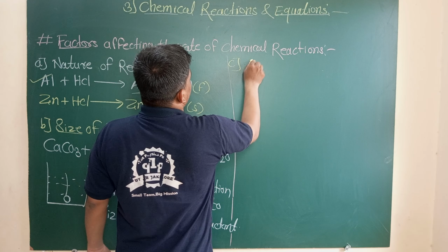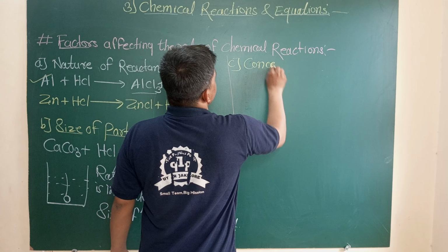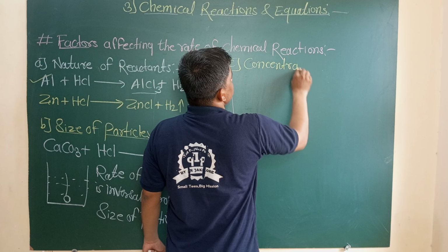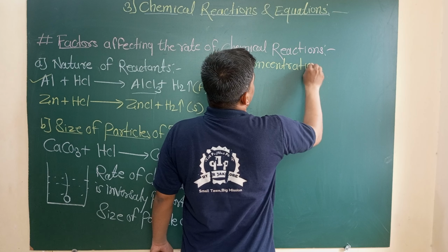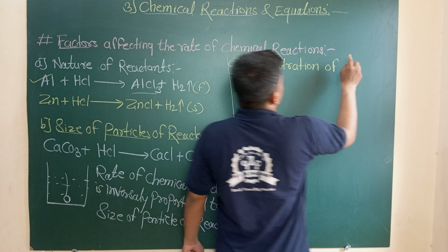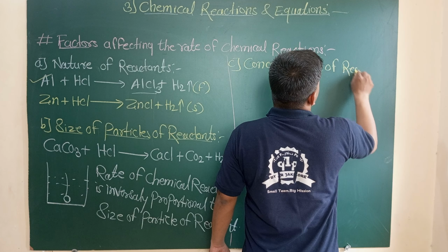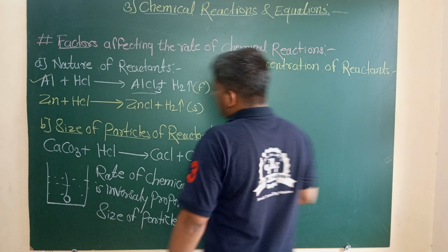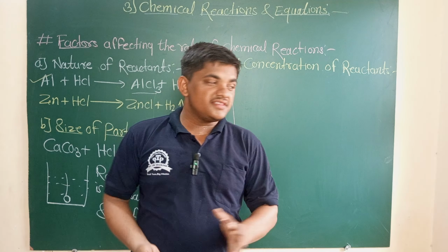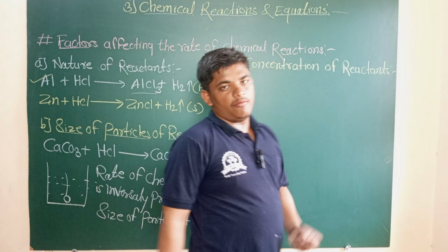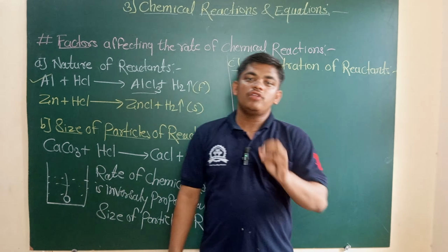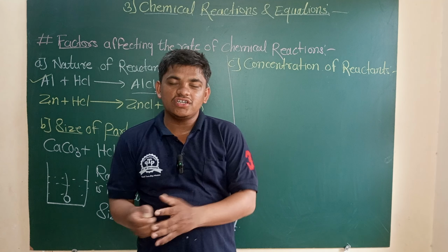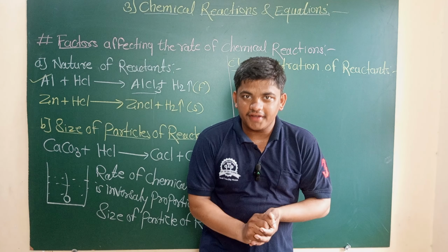The third one is concentration of reactants. In a chemistry lab, they have two types of solutions: one is a dilute solution, another one is a concentrated solution.